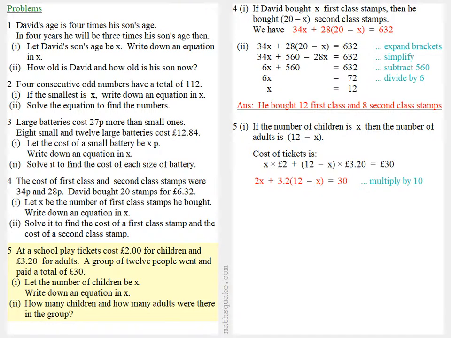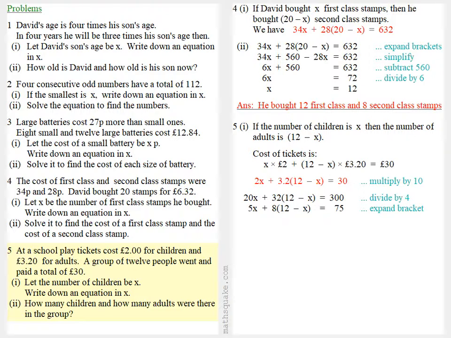Well, to get rid of the decimal point, we can multiply by 10. So 20x plus 32 into 12 minus x equals 300. And to simplify a bit, we can divide by 4. So 5x plus 8 into 12 minus x equals 75.